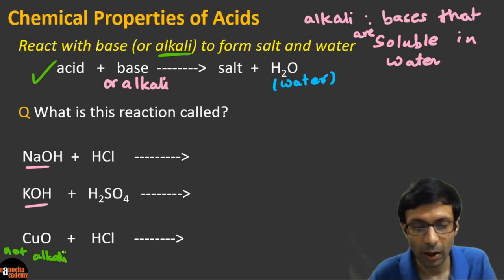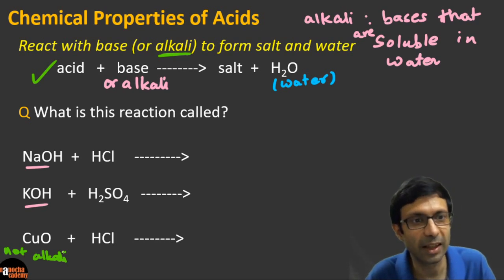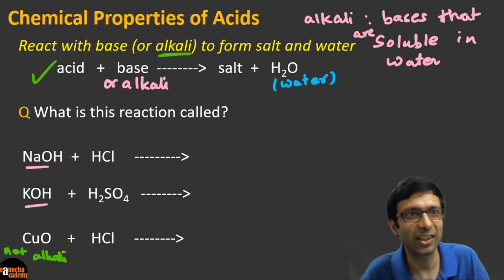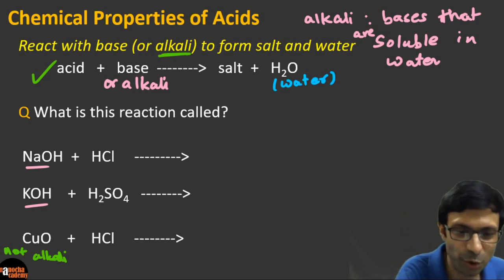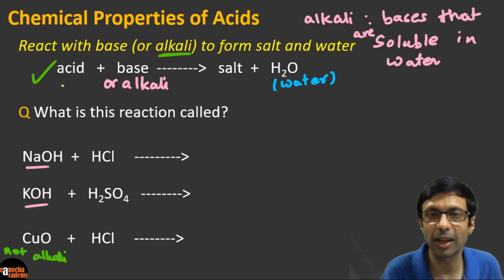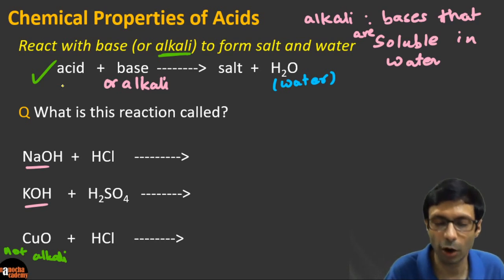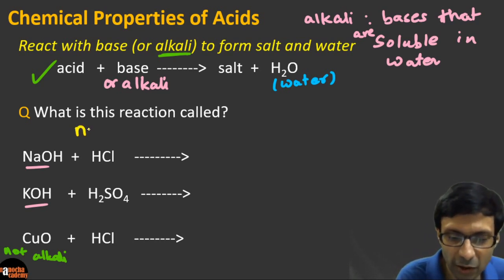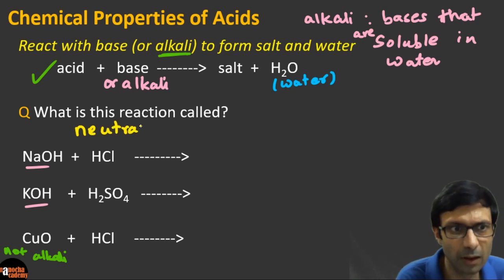Now let's take a look at this important question. What is this reaction called? Excellent. I see a lot of correct answers. So you've given the answer already. Superb. This famous reaction in chemistry, acid plus base gives salt plus water, is known as neutralization. Right? So neutralization reaction.